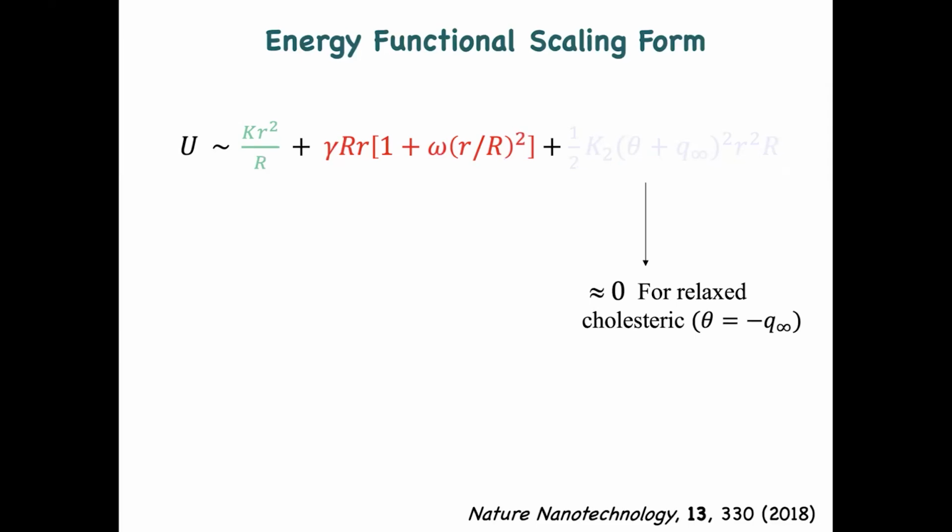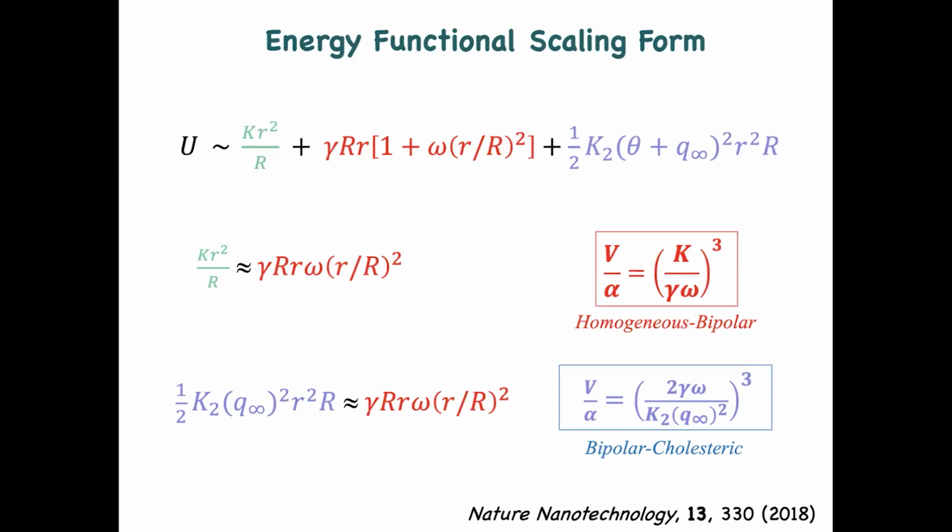Okay. And if you equalize the free energy before and after the transition, you can work out exactly what are the conditions at which you are expected to see a transition. For example, this is the aspect ratio.